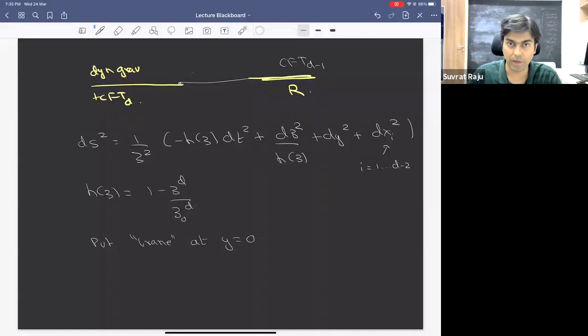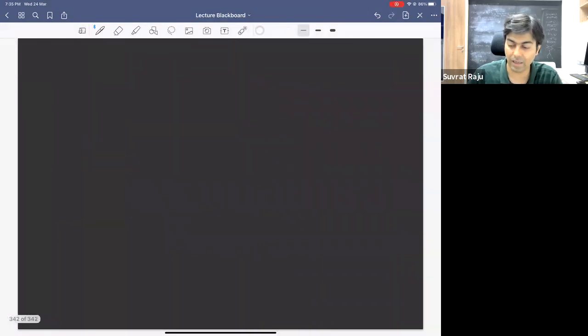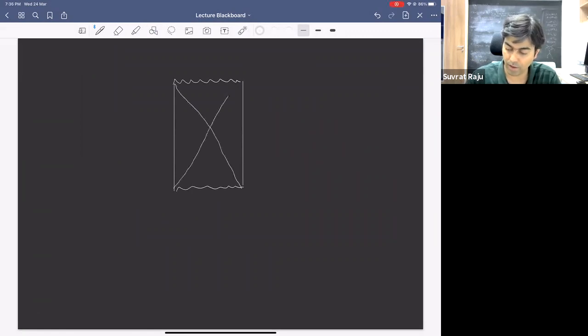Let me make a few comments about this geometry. If you just think of the z-t plane, it is the geometry of an eternal black hole. The horizon of the eternal black hole should be at 45 degrees in my diagram.